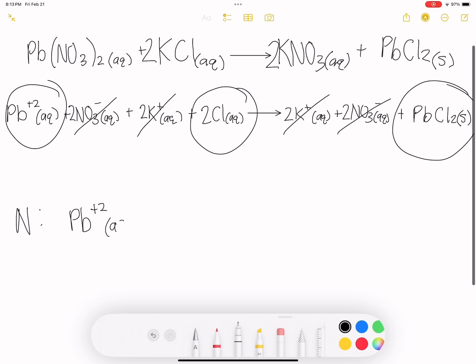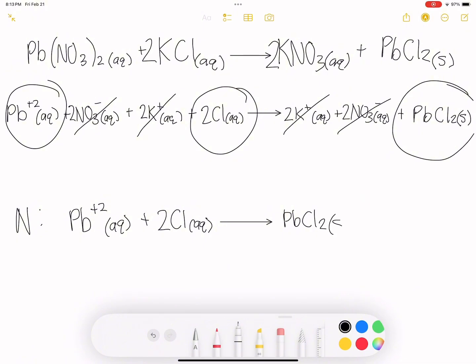So we write it out as lead, aqueous, with the charges of course, plus 2Cl- aqueous, and the arrow goes to lead chloride solid. And this is a precipitate reaction because aqueous plus aqueous is resulting in a solid. So now it's complete. This is the net ionic equation, and now you know how to write net ionic equations.